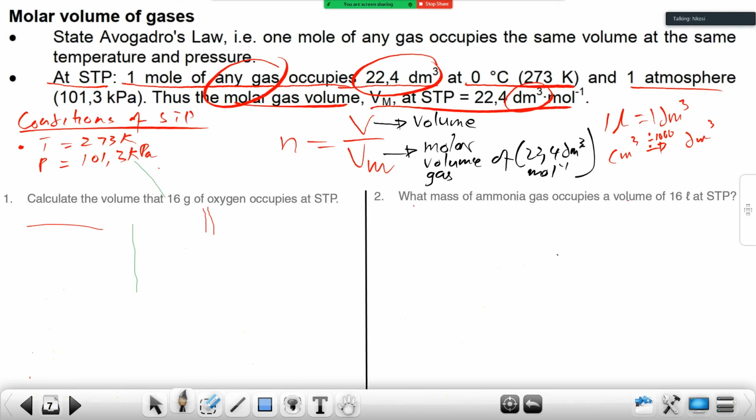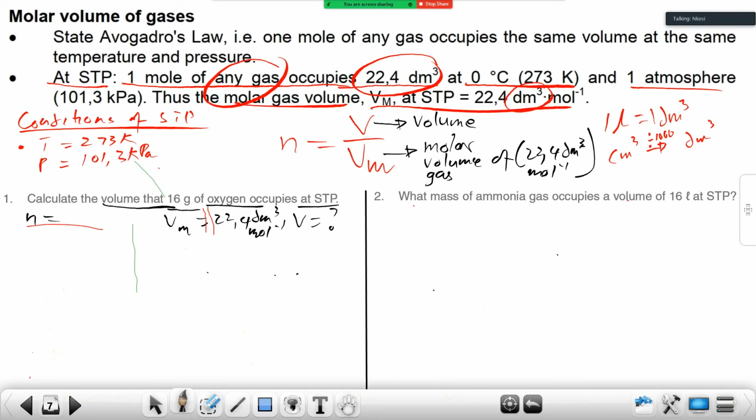So at number 1, which I want us to do together, it says calculate the volume that 16 grams of oxygen occupies at STP. So it's easy for me to say I want V, that is the question, but I also need the number of moles for me to do that. I am given Vm, which is 22.4 decimeter cubed per mole.